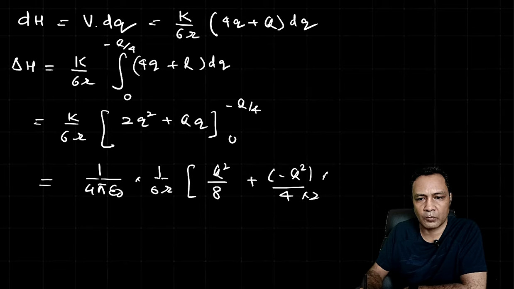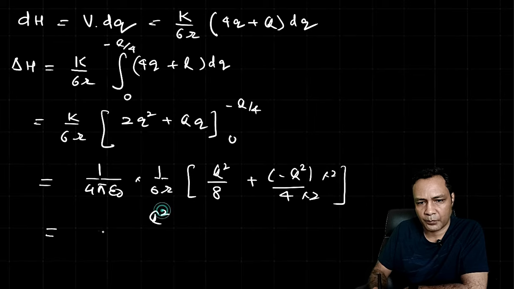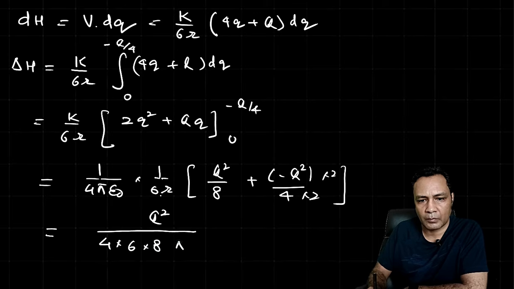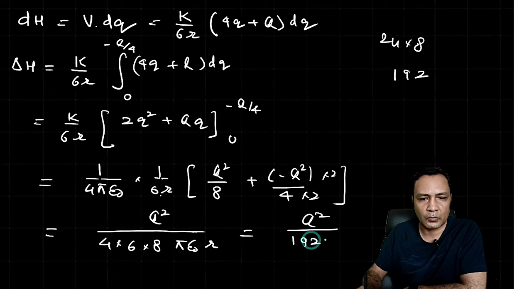So multiply by 2, multiply by 2. So finally I will get Q square. This is 4, this is 6, and from here 8 pi epsilon naught R. So how much will that be? That will be 24 into 8, 192. So the answer I get is Q square divided by 192 pi epsilon naught R.